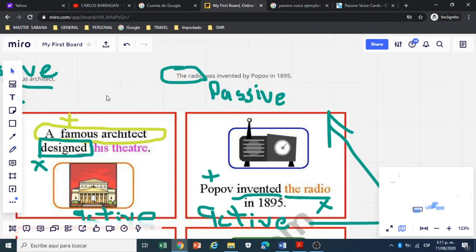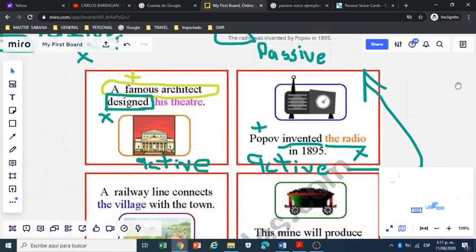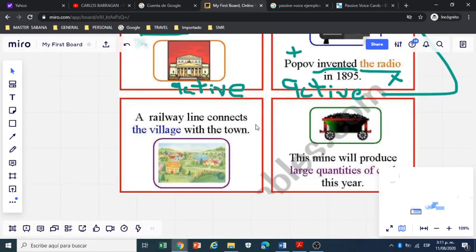We are going to check another example. A railway line connects the village with the town. What is the most important part in this sentence? The most important part is the railway line, the person, the object, etc. in the sentence.